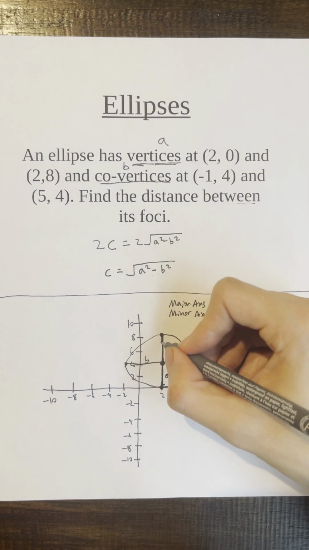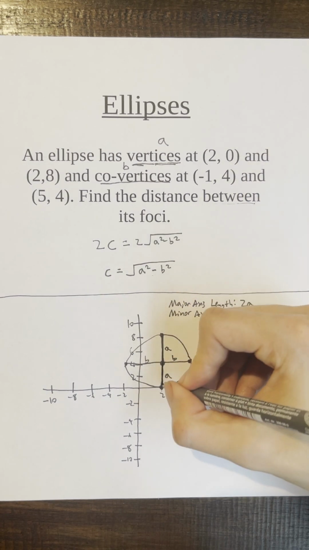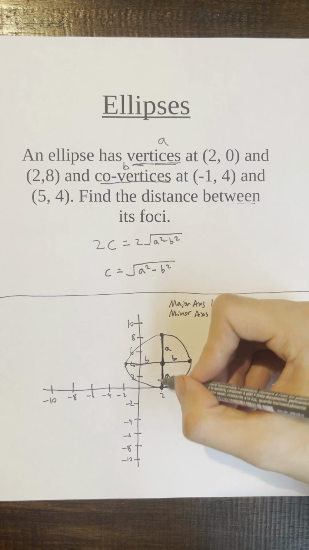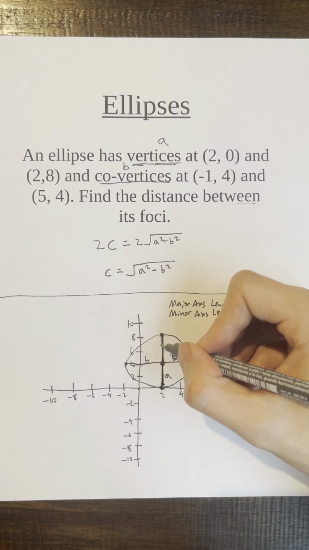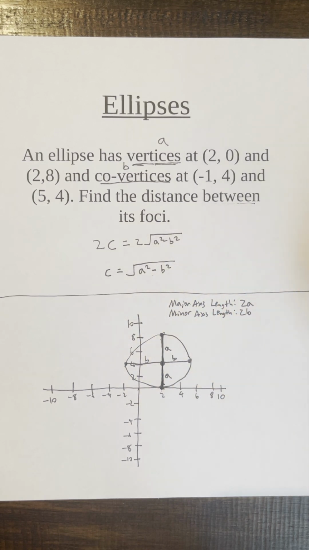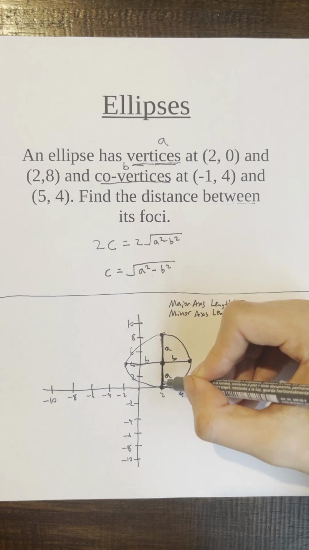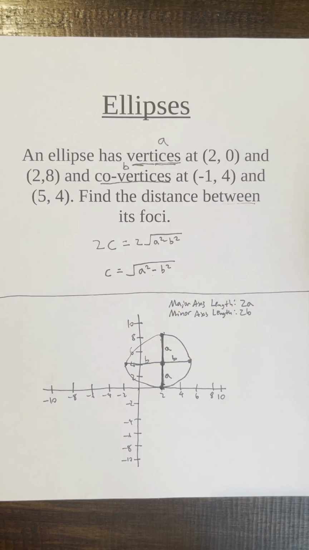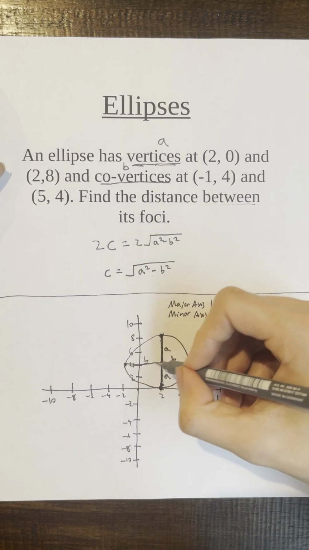But we can figure out how long this is. How long is this? I'm going from 0 all the way up until 8. So how long is this? So the major axis length is 8. How long is the minor axis length?